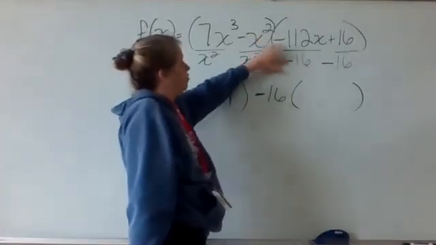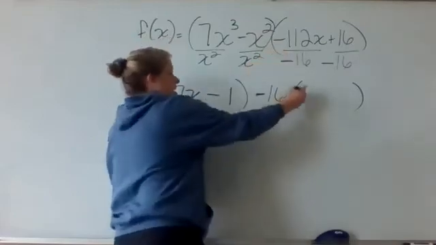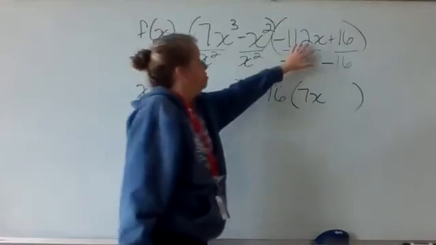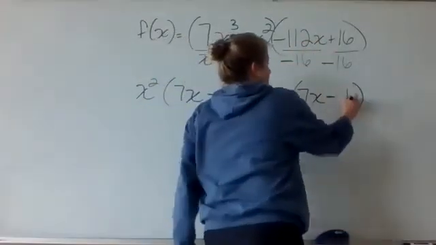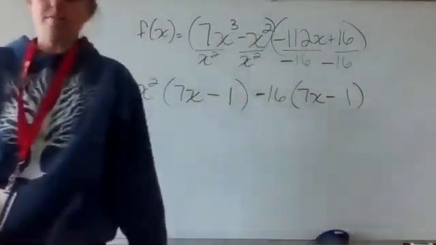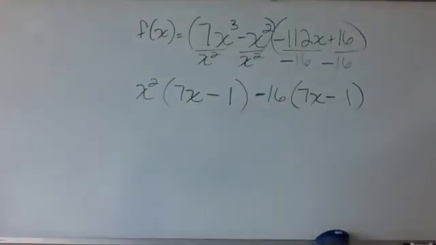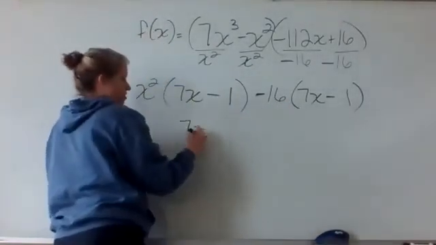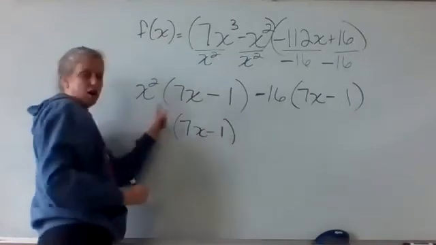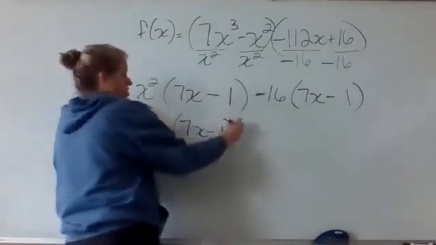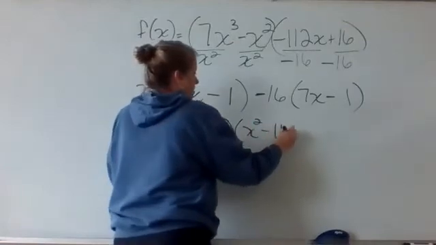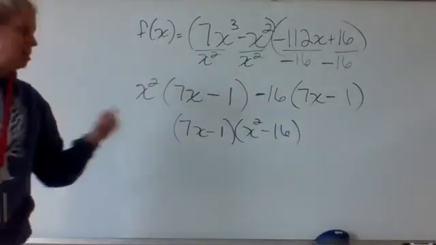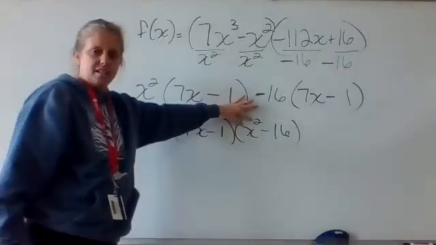When I divide negative 112 by negative 16, it gives me positive 7x. Positive 16 divided by negative 16 is negative 1. These match, so that's one of the factors. Your other factor is what you pulled out, which is x squared minus 16, which means this one's not done.